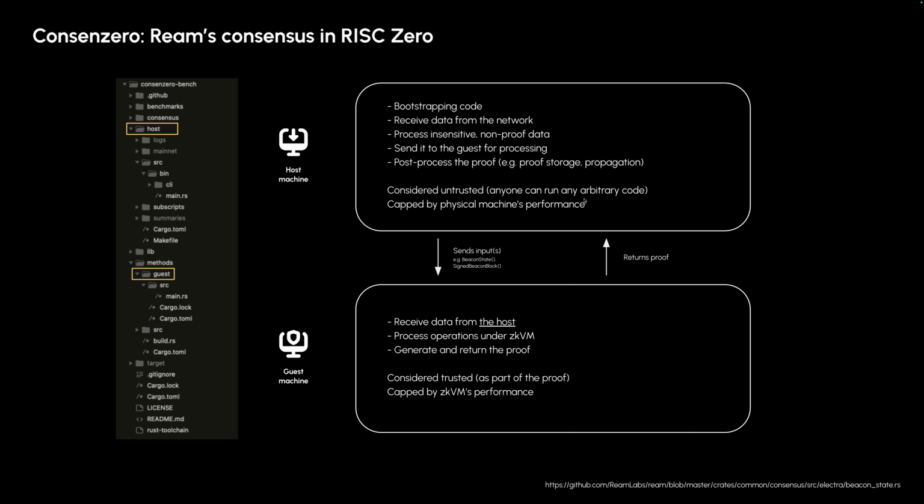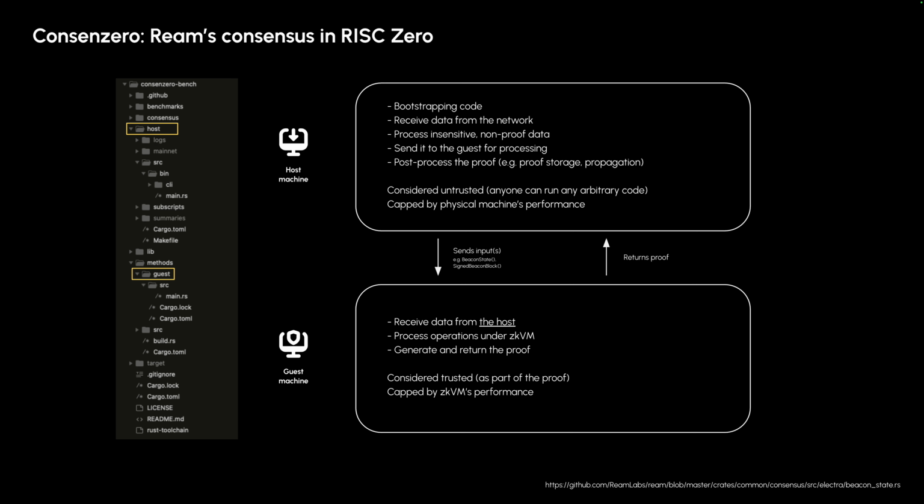So it's pretty performant. On the other hand, on the guest machine, once it receives the data from the host, it would then process whatever code you run. You would put it inside the guest machine, and it would generate a trace and then generate and return the proof back to the host.